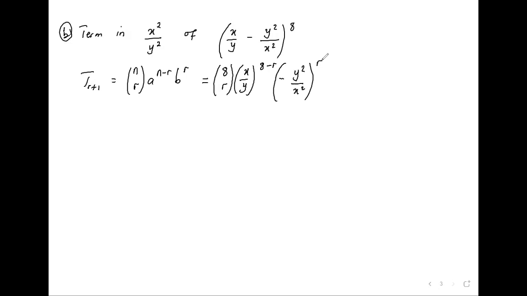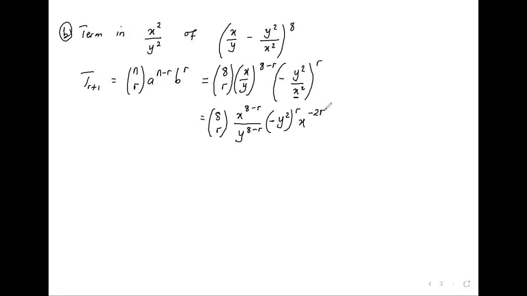Like that. So here, if you want, you can just target x. Say, okay, I will just put the x's together. The other things you can forget about them. So this is x^(8-r) over y^(8-r), and then minus y squared, r, and because the x is coming from the denominator, we'll give it a negative power 2, and then multiplied by r.